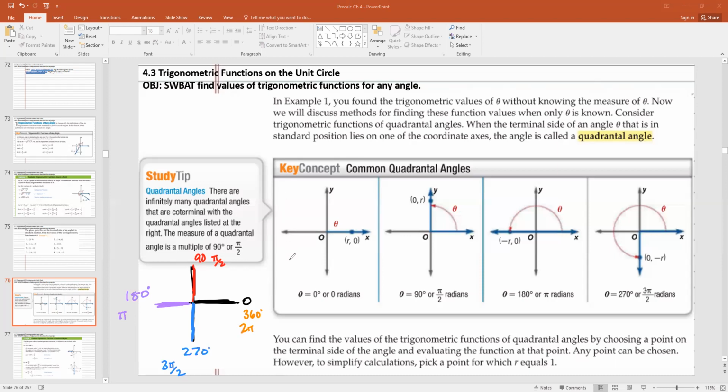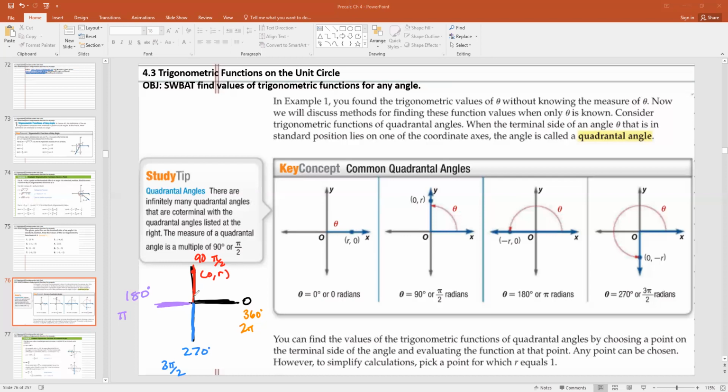Okay. But we won't really talk about that. We're just going to focus on these 3 right here: 90, 180, and 270. So when we have a point on the 90, that means it's going to be 0, because the x is 0, and then whatever height that is, r.